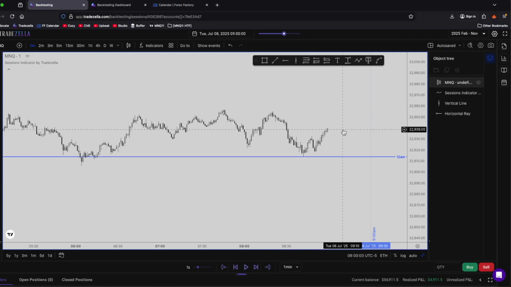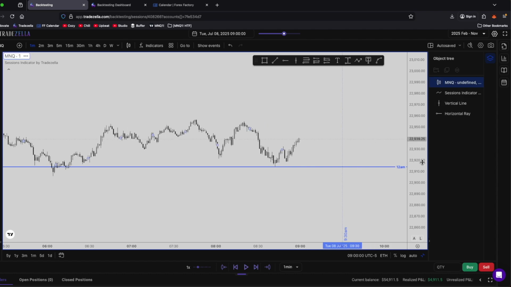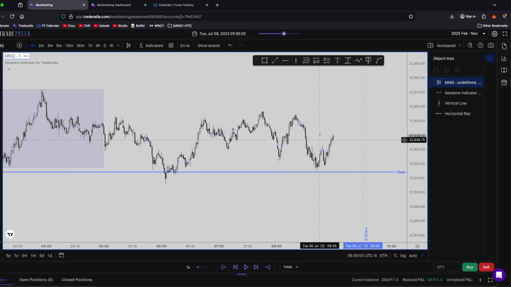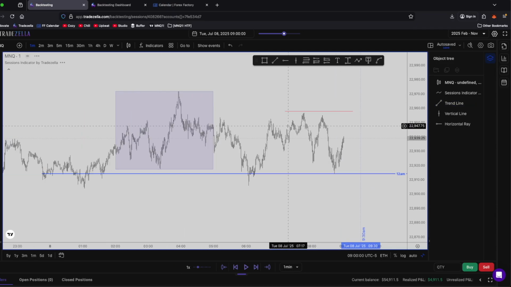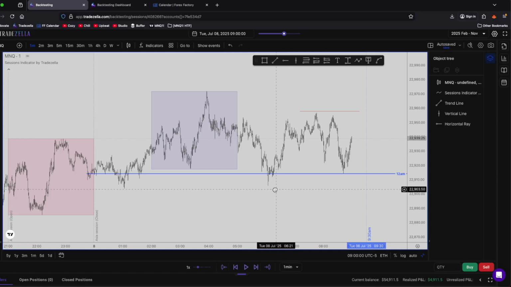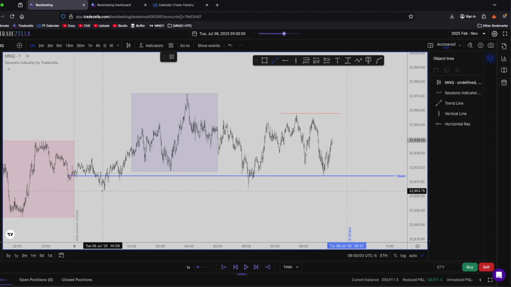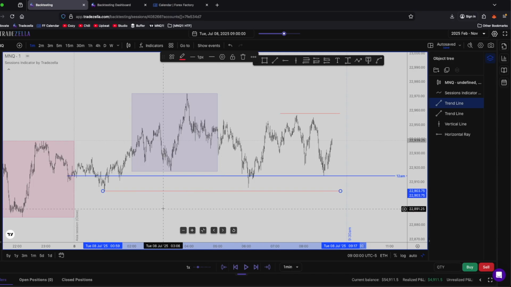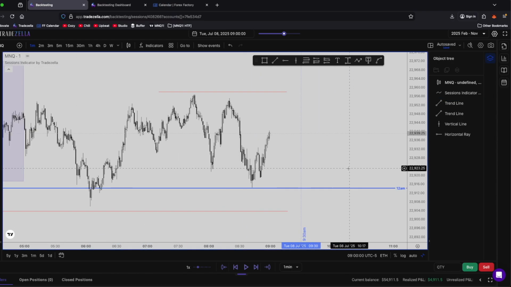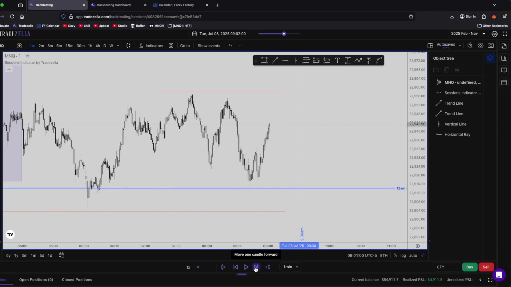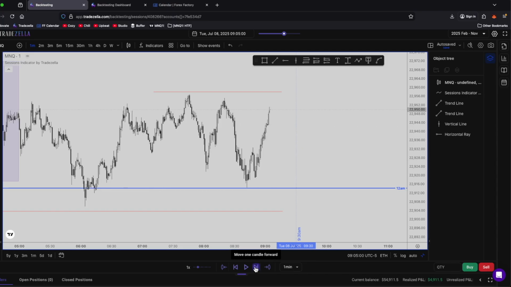I am aware that the daily could want to come back down and make that tail. So we'll keep an eye on that. Kind of have these semi-relative equal highs right here. Semi-relative equal lows down here. So let's fast forward and see.